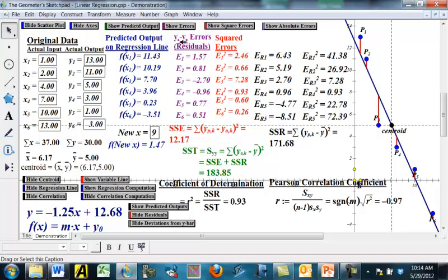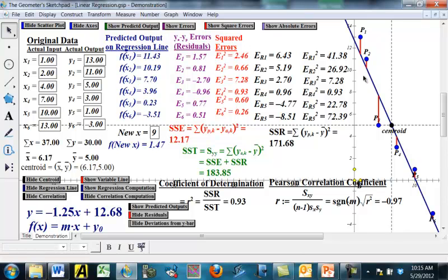Take the y actual minus the y predicted, so 13 minus 11.43, that gives you your error or your residual, which is the purple. So the purple is the error or the residual, which over here is actually these vertical lengths in red. Square them, we get the squared errors.